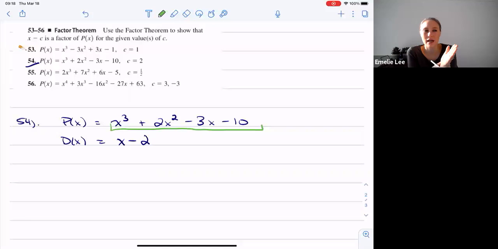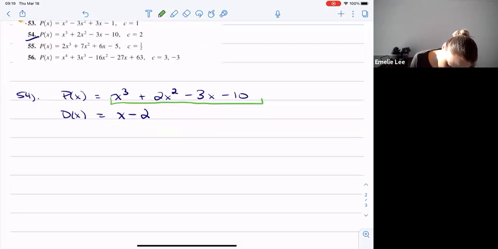So starting at X to the power of 3, we need to have an X to the power of 2 representative, we need to have an X representative, and then we typically have a constant representative. We need to show all powers of X starting from the highest power, if that kind of makes sense.